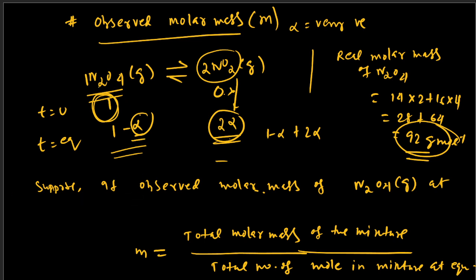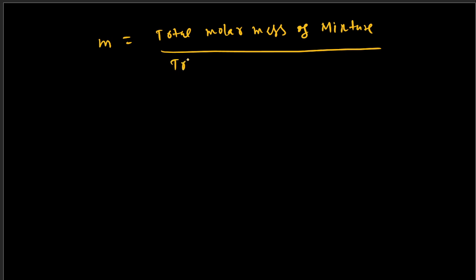So M equals the total molar mass of the mixture divided by the total number of moles in the mixture at equilibrium.